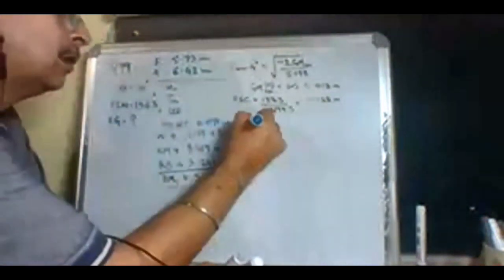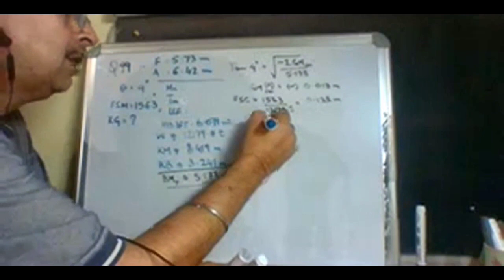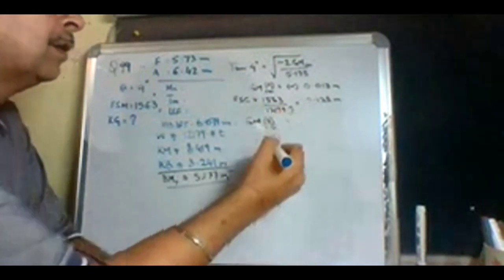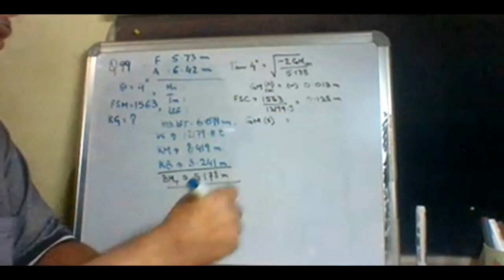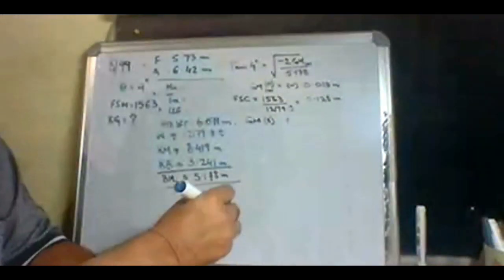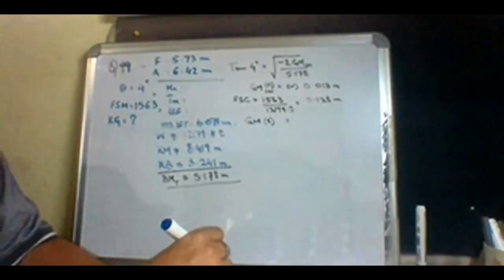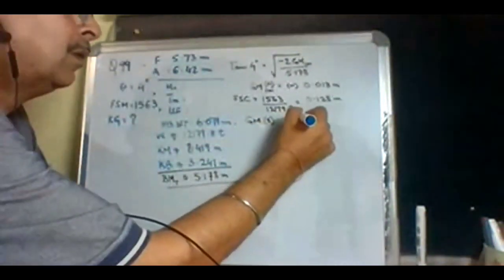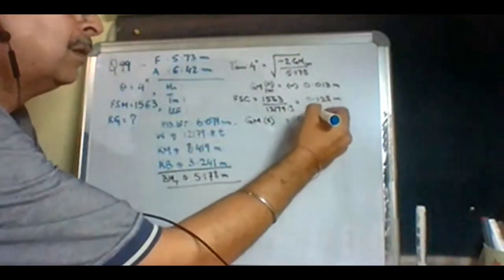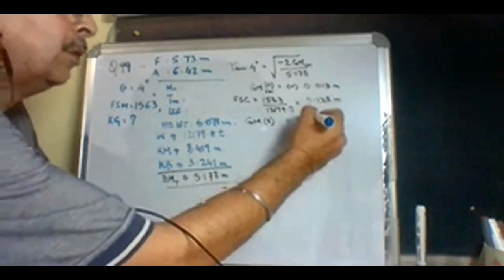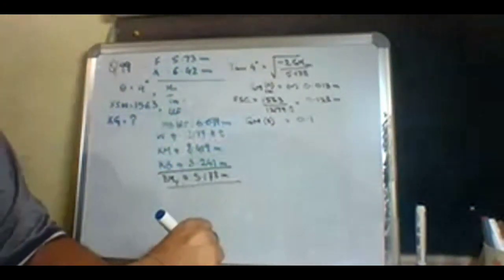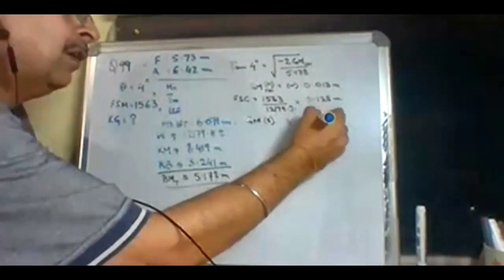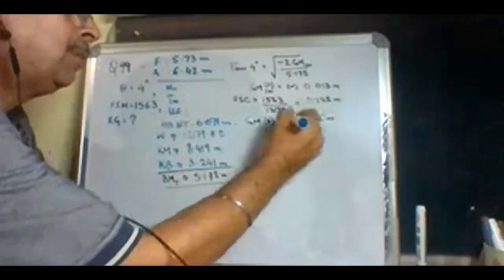So therefore, the GM solid will be a positive value. That will be equal to 0.115, and this will be positive.